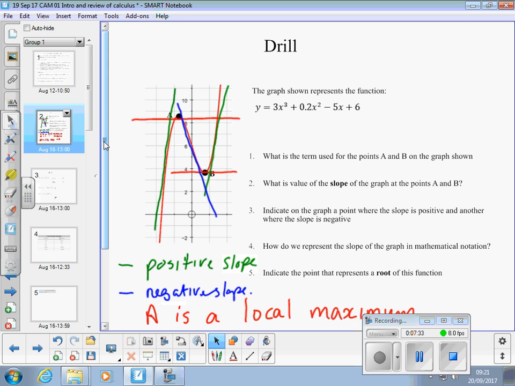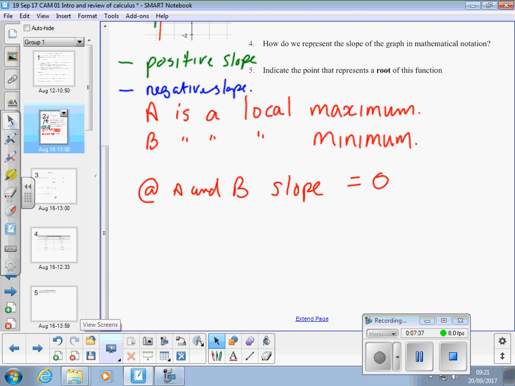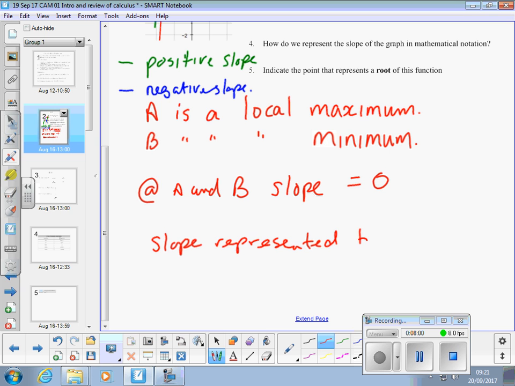What's the mathematical notation for representing the slope of that graph? Yeah, the slope is represented by dy by dx in this case.